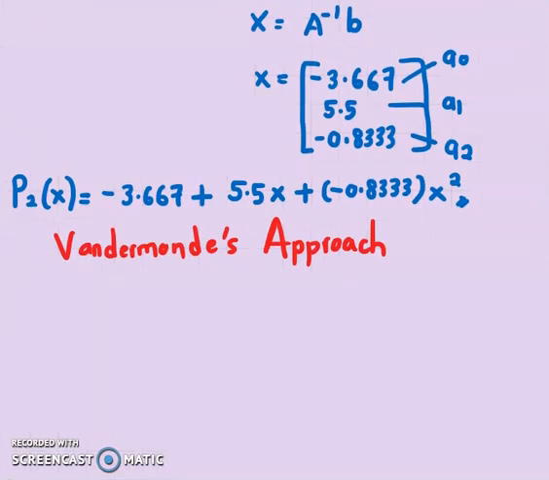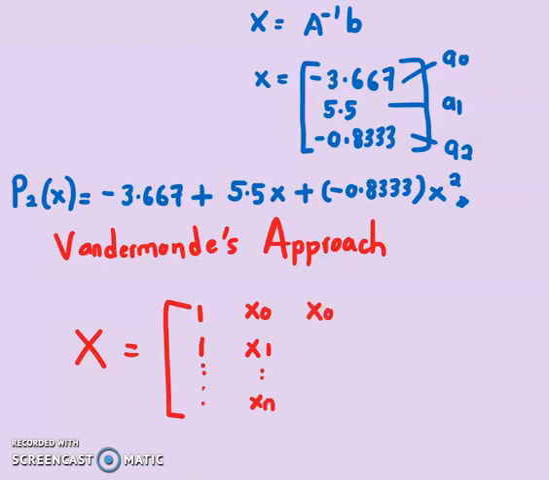In the Vandermonde approach, we write one big matrix X. The first column starts with 1, the second column is x0, x1 up to xn, and the third column is the square of these: x0 squared, x1 squared, up to xn squared, and it goes on up to the power of n.